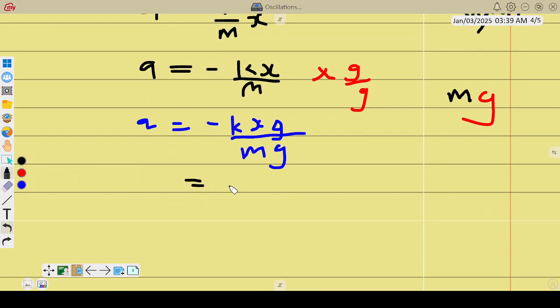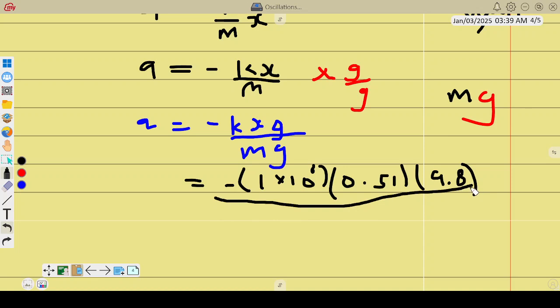So this will be equal to negative, the value of k, 1 times 10 power 6, and then x is the compression, we found it to be 0.51, and then gravity, we know it is not 10, over mg.